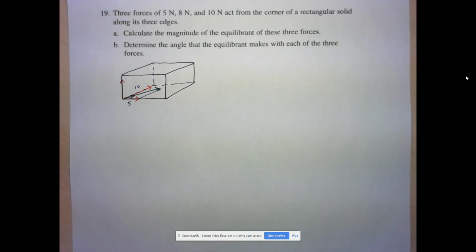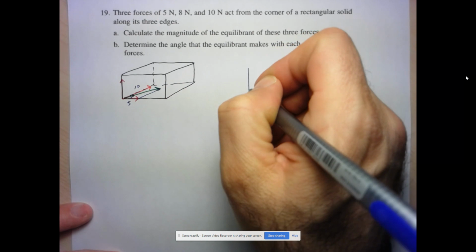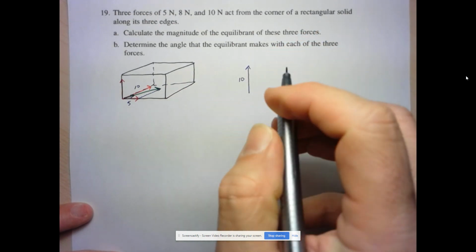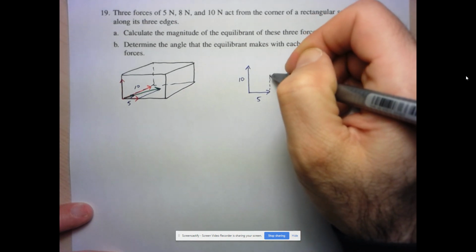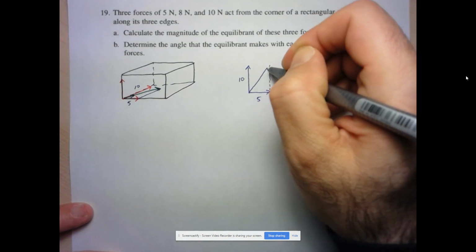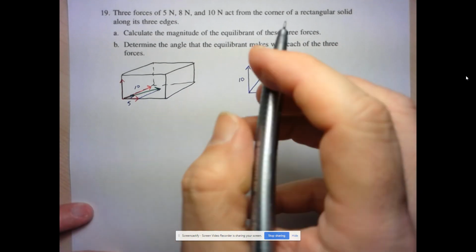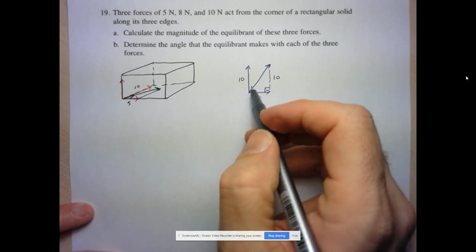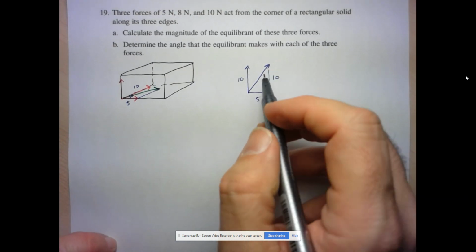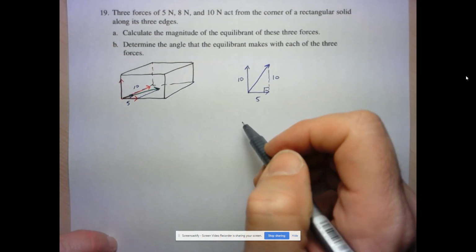Now, just to be sure, let's draw this on a separate little diagram. So if this is my 10 Newton vector and this is my 5 Newton vector, this is going to be my resultant. In the end, I have a 90-degree angle. This is 10. If I want to find the magnitude, and that's all I'm interested in right now, I just have to use Pythagoras.